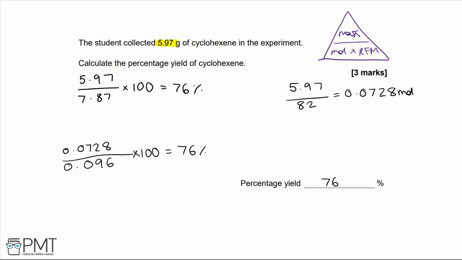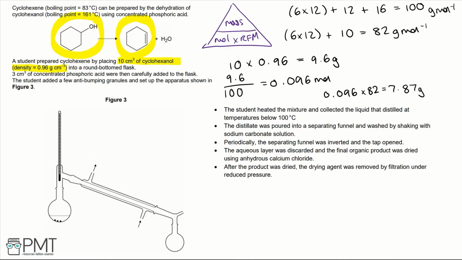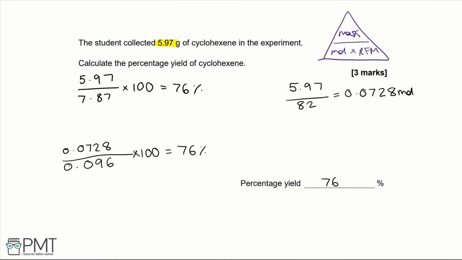If you use the alternative method where you use moles, you again get a mark for working out the moles of cyclohexanol. You then get a mark for working out the moles of cyclohexene, which is 0.0728, and then you get your final mark for dividing these two moles, multiplying by 100 and getting 76 as your percentage yield.